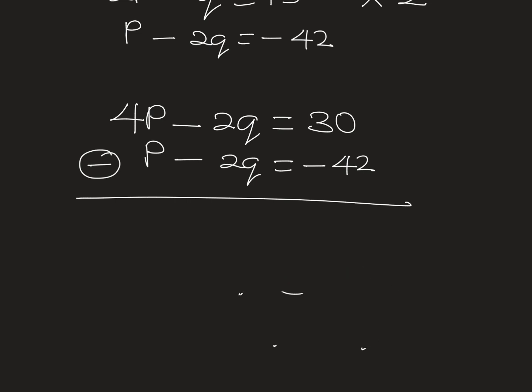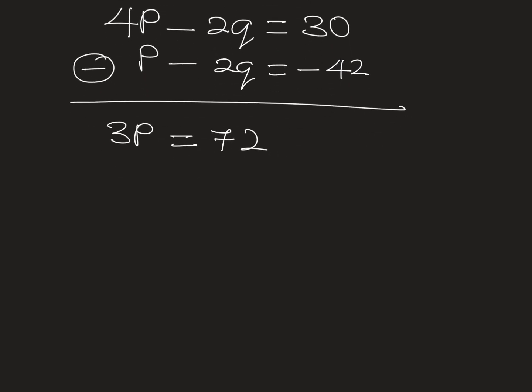If this appears confusing, you can use any other method that you know to solve the simultaneous equation. So 4p minus p will be 3p, then minus 2q minus minus 2q is 0, so that will be equal to 30 minus minus 42, which is 72.